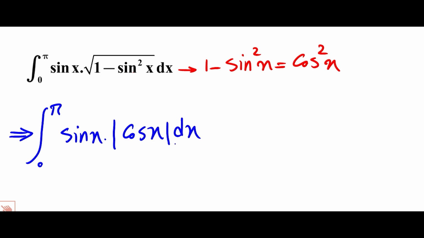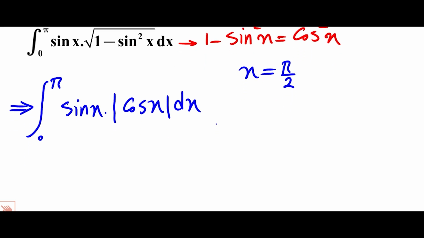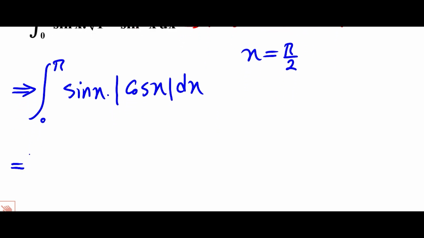Notice that cosine of x changes sign at x equals pi over 2. For this reason, we split the integral into two parts. We have the integral of 0 to pi over 2 plus the integral of pi over 2 to pi.